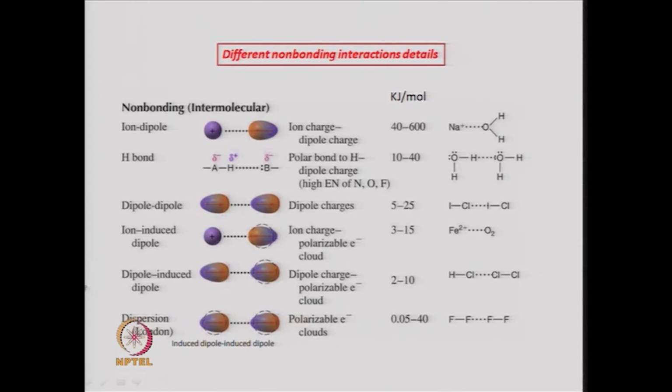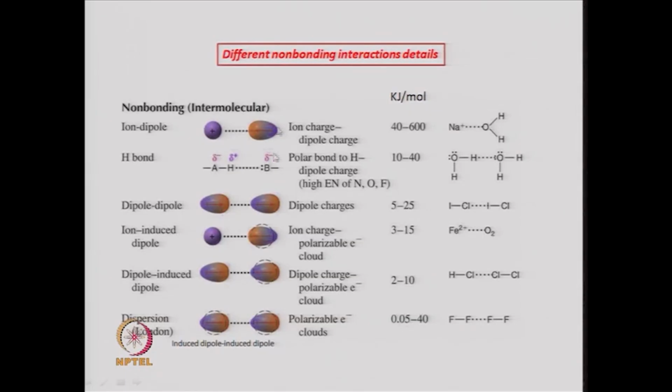You may also have dipole induced dipole, weaker forces, and you may also have induced dipole interactions. For example, when two fluorine molecules are close together, they polarize each other and generate charges on each other, and that induced dipole then gives rise to this bond, which can be as weak as 0.05 kilojoule per mole.